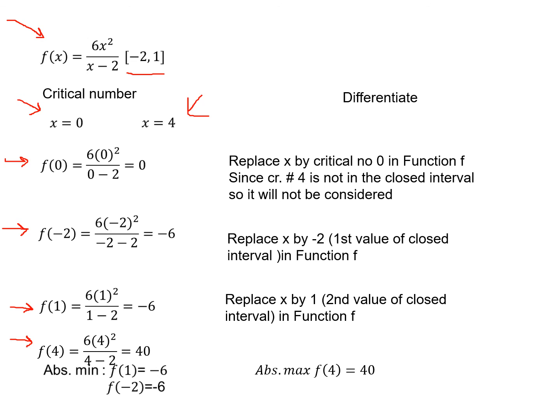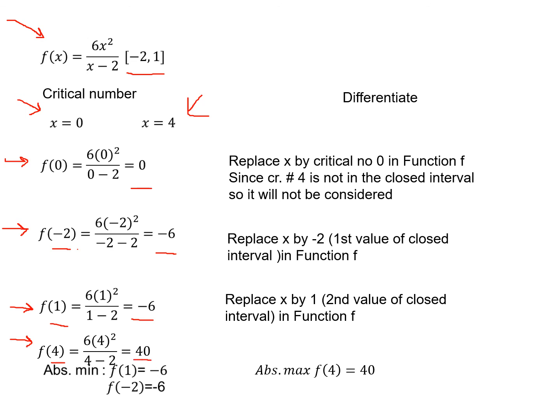So here everything is calculated. On replacing 0 in the function, you got 0. On replacing negative 2, you got negative 6. And similarly, on replacing 1, you got negative 6. And the 4 in the end, when you replace it, you got 40.